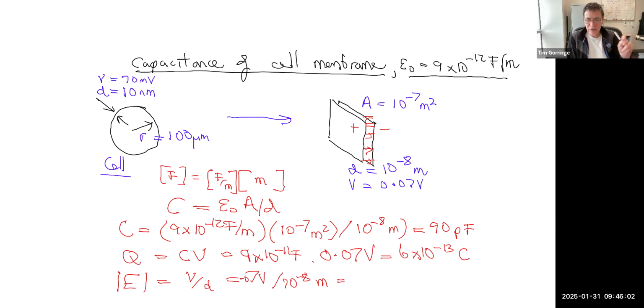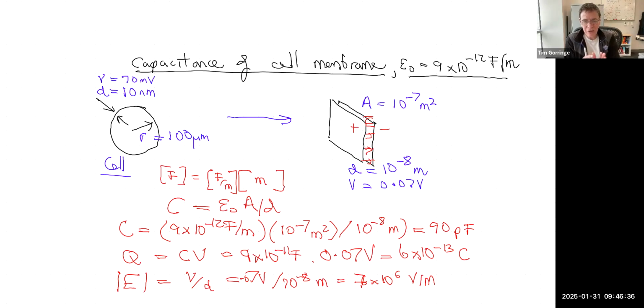It's 7 times 10 to the minus 2 volts divided by 10 to the minus 8 meters. That actually comes out to be a large number, because we have a smallish number divided by a really, really small number. It comes out to be 7 times 10 to the 6 volts per meter. That's an enormous electrical field.